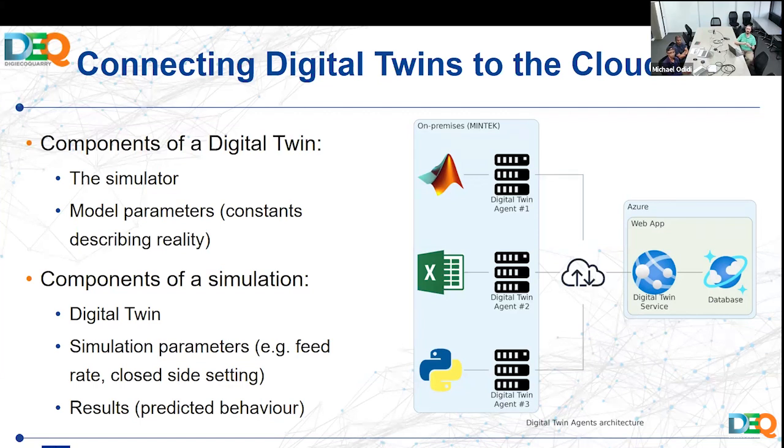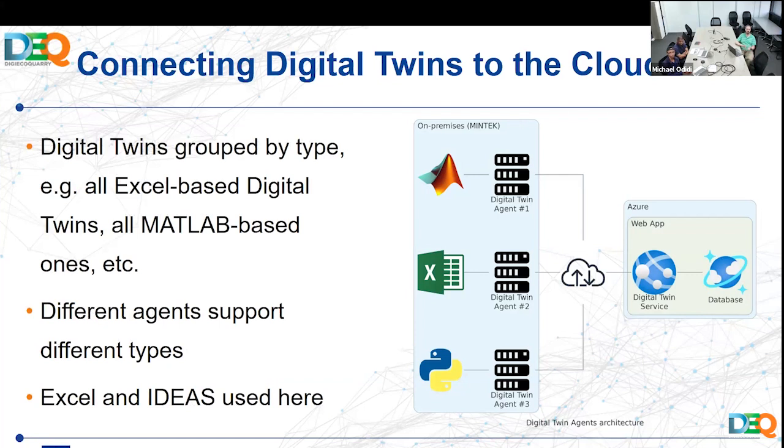We store those separately, but you can reuse the model parameters with many different simulations. And then, of course, we store the results as well. So all of this information here is stored in this database over here on the right-hand side. Okay, next slide, please.